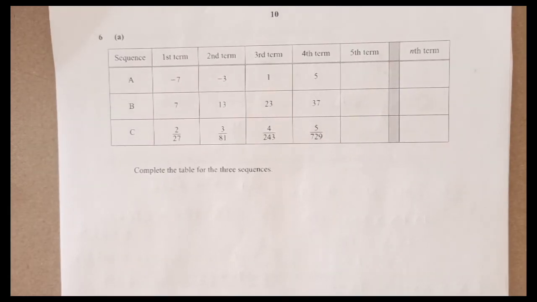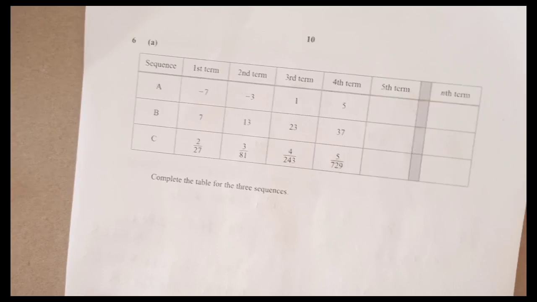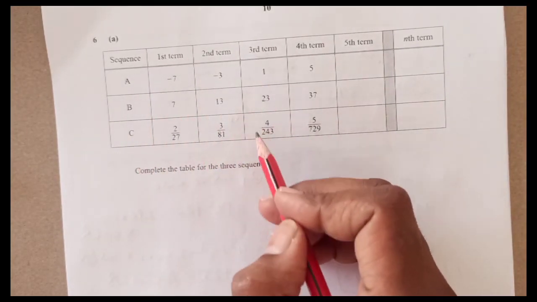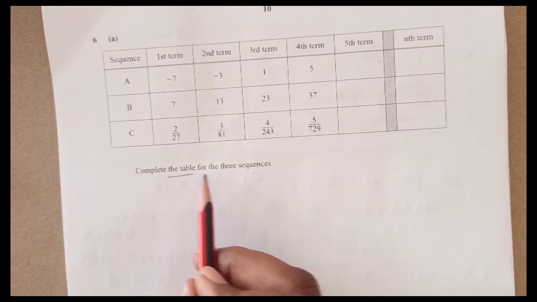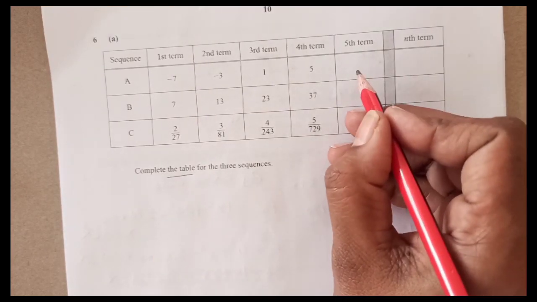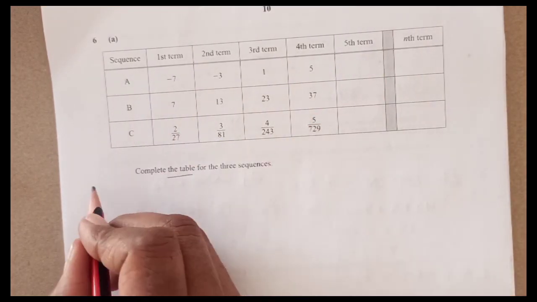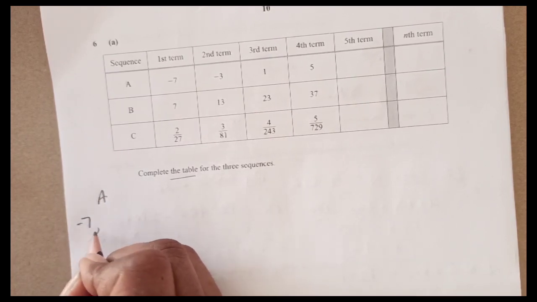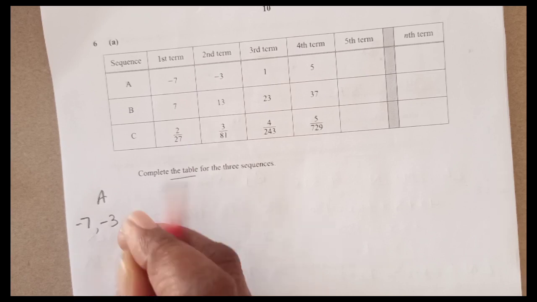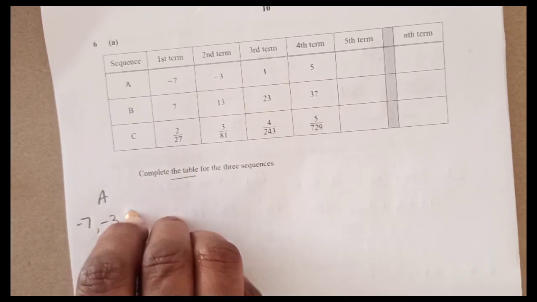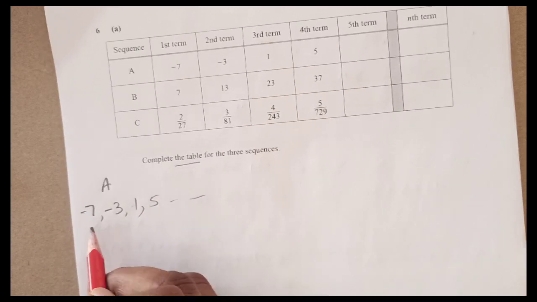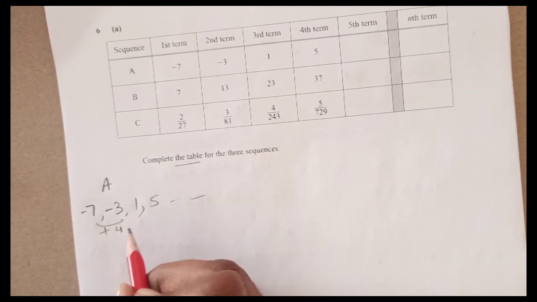Question number 6 is from sequences. We have here the sequences A, B, C, with first, second, third, fourth and fifth terms. Complete the table for the 3 sequences. For sequence A, we have -7, -3, then 1 and 5. If you see, it's addition of 4, right?